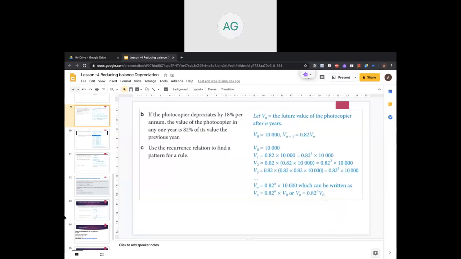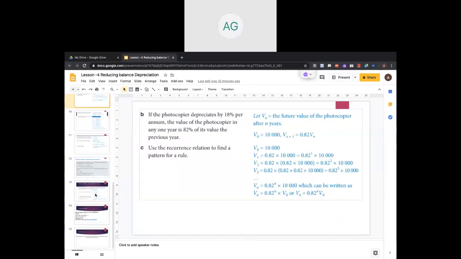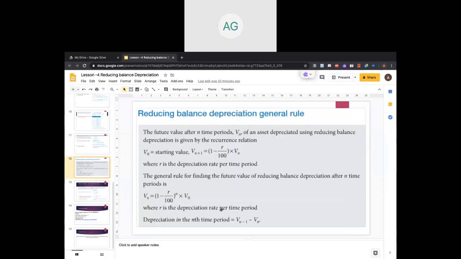And when you come down to the general formula, here is your general formula. So recurrence relation here as well. So the difference you can see is it's just raised to the power n here, and this one is for the next year and so on.